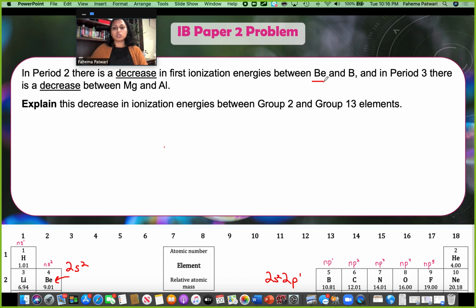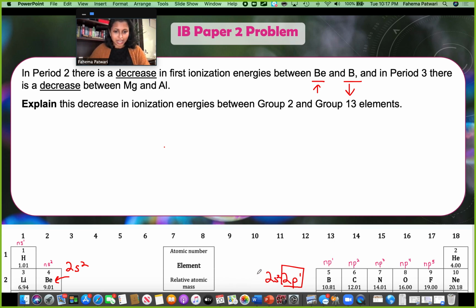So beryllium is going to have a higher ionization energy, and boron will have a lower ionization energy for that reason. You could also consider it this way: if boron loses this electron, it's going to be like beryllium.